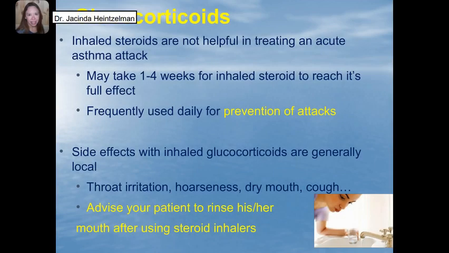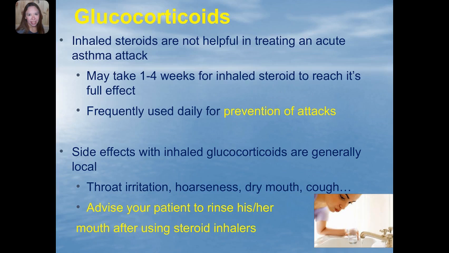A little bit more about the glucocorticoids. These are going to be inhaled steroids in order to help prevent the patient from having an asthma attack. And remember, it's working on the inflammation part of asthma. Inhaled steroids are not going to be helpful in treating the acute asthma attack.